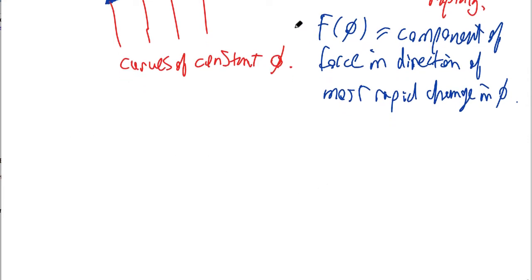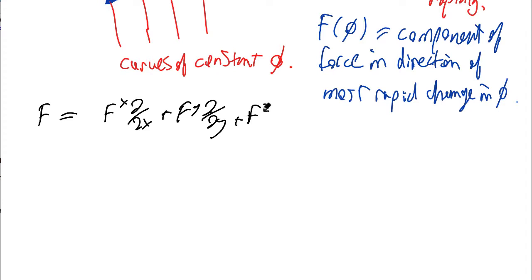Right? So we might use, say, Cartesian coordinates, in which case we would expand the force vector as a linear combination of basis vectors d by dx, d by dy, d by dz, and write the function phi as a function of x, y, z, and then let f act on phi, and we get the component of the force in the direction in which phi is most rapidly changing. Or we could do the same calculation in terms of, say, spherical coordinates.